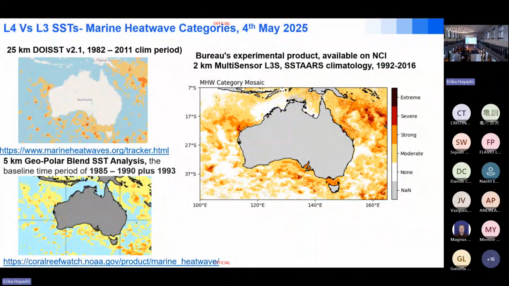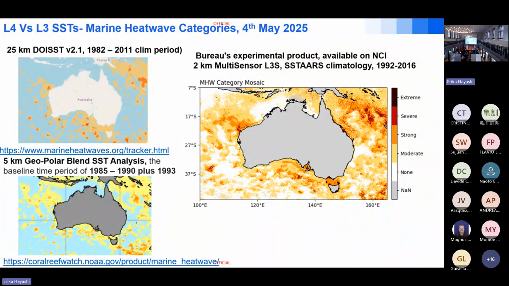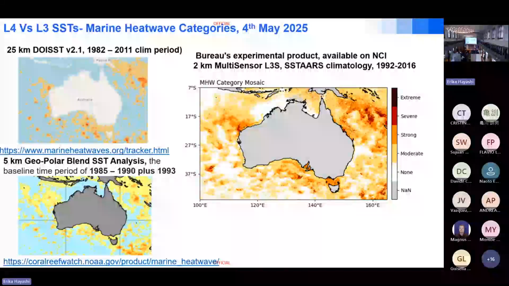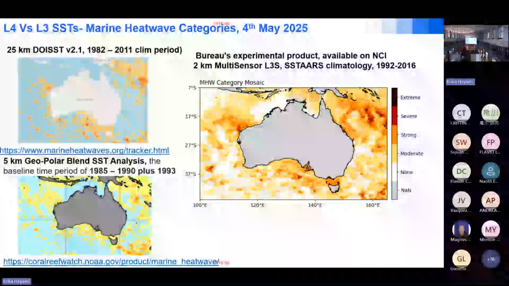It is a 5 kilometer geopolar blend SST product, and the climatology is from 1985 to 1990. And the right-hand side is our product with level 3. So with level 3, you get feature resolution that you don't really get with level 4.